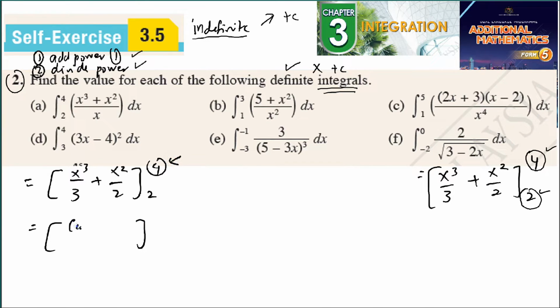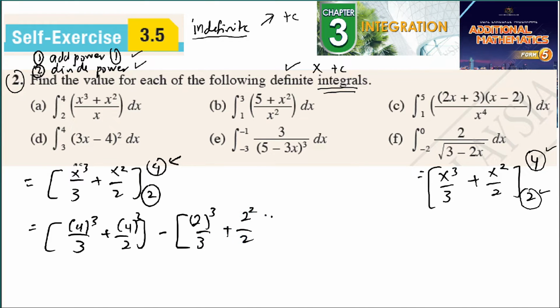So this one would be 4 to the power of 3 divided by 3 plus 4 squared divided by 2. And then we minus everything inside here, where x will be changed to 2. So here we have 2 to the power of 3 over 3 plus 2 squared divided by 2. So you will get, just use a calculator, 74 over 3.